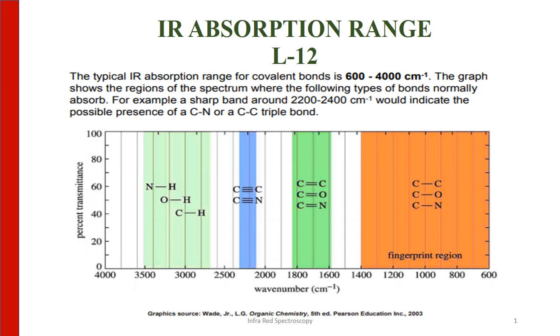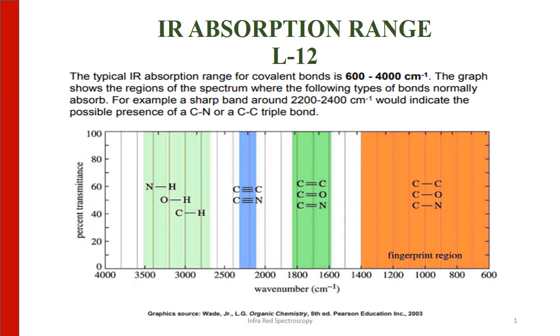In this spectrum, you can see that in the orange region we represent the fingerprint region. That is the characteristic region through which we can compare two organic compounds which have the same functional group but a different carbon skeleton. From 1600 to 3500, you can see this is the specific functional group region.